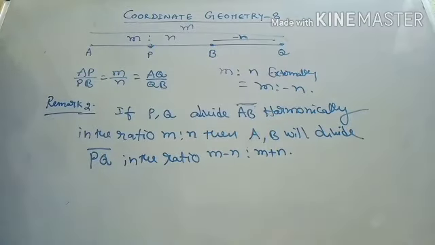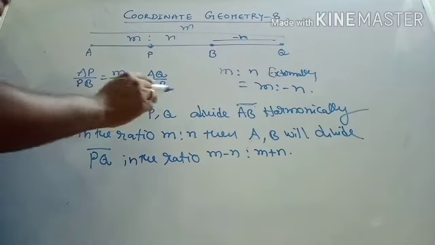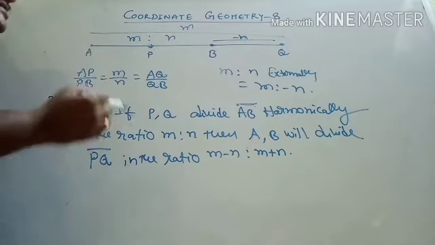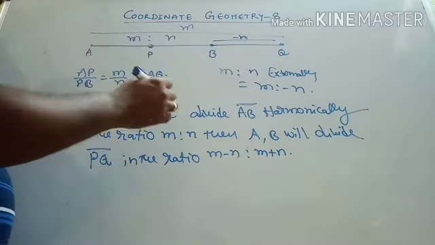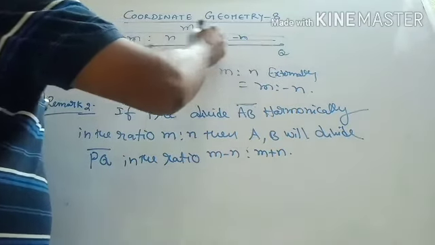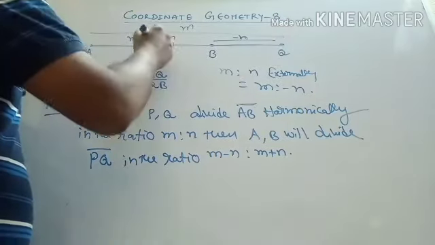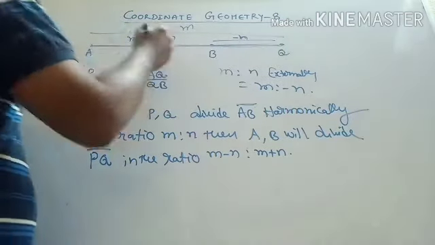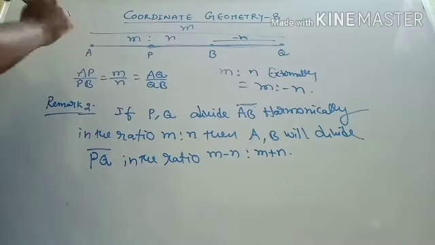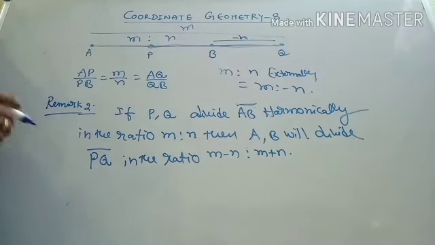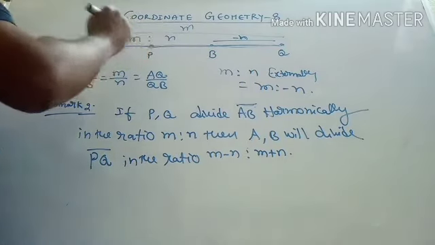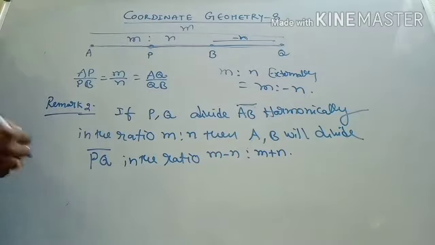Now, it is very simple. We know that P comma Q divide AB harmonically in the ratio m is to n. Then A comma B will divide PQ. Now, this is the line segment PQ, and A is lying outside of PQ, which means A is dividing the PQ line segment in the ratio m minus n.